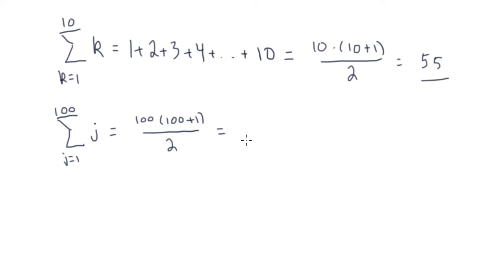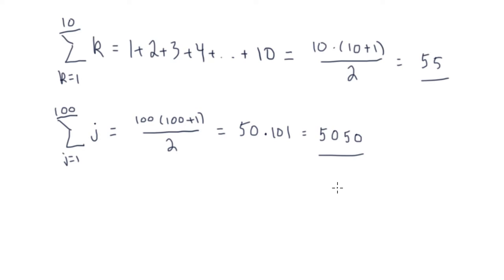Well, 50 times 101, that's just going to be 50 hundreds plus 50, so 5050.